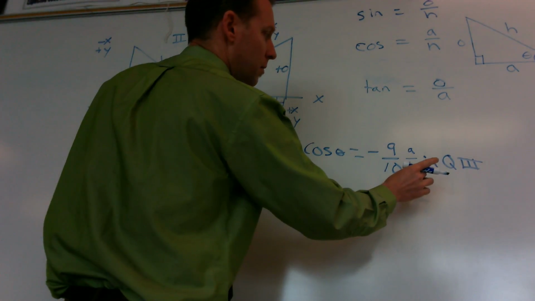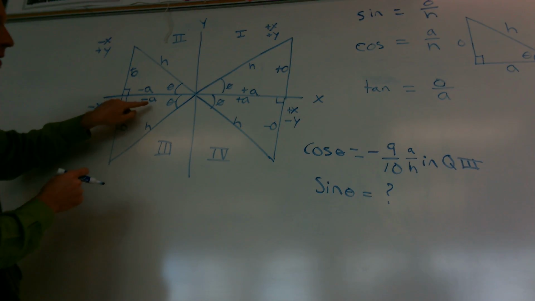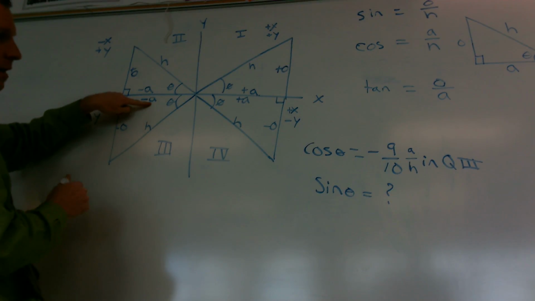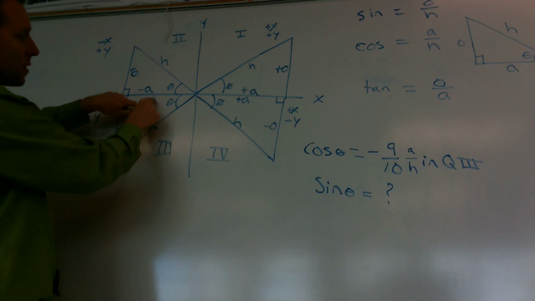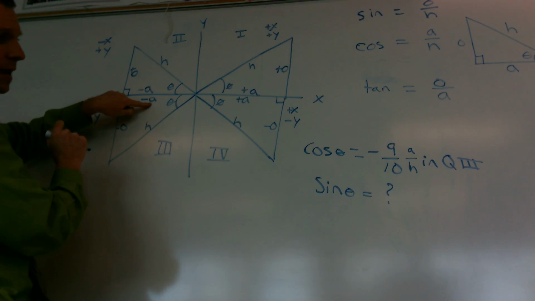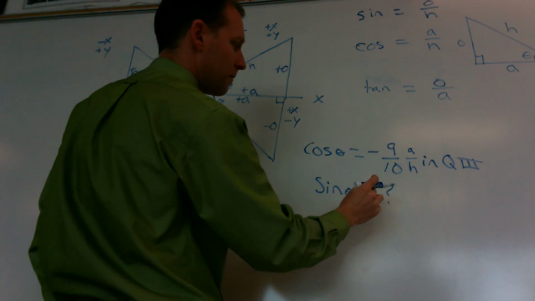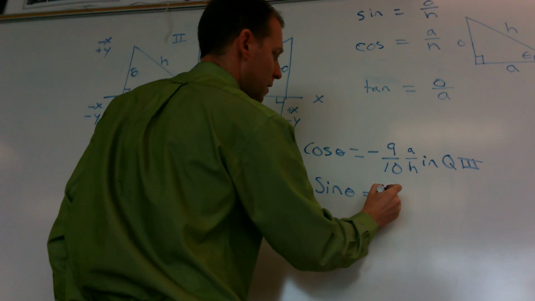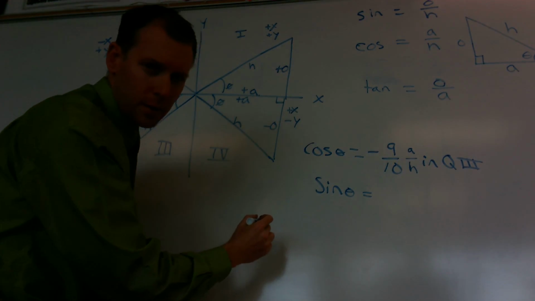Quadrant 3 says adjacent is negative, and hypotenuse is positive. So adjacent is negative 9.